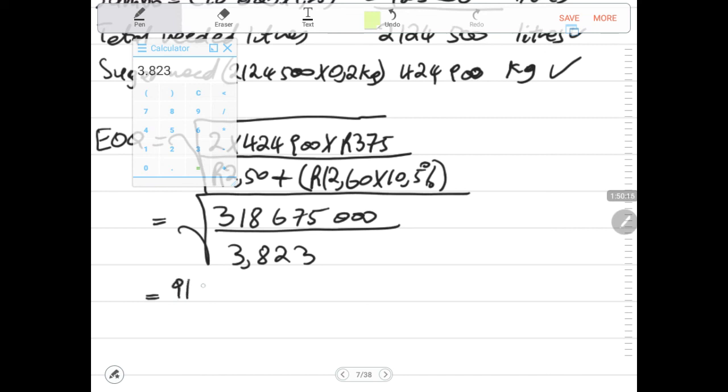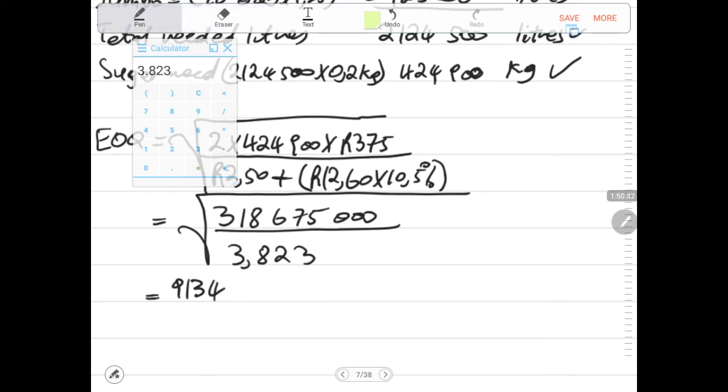Now, I'll just go with the one that I use. It gives me 9130 point, then it continues. Now, these are the number of kgs. Even if you get 9133.607, these are the number of kgs. Now, when you round off, it will be 9134.